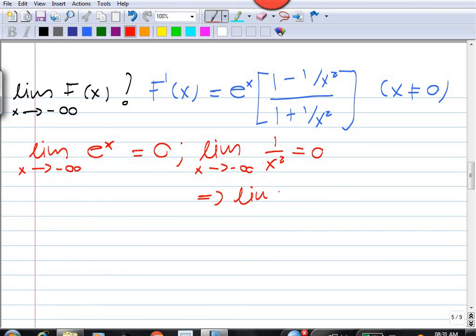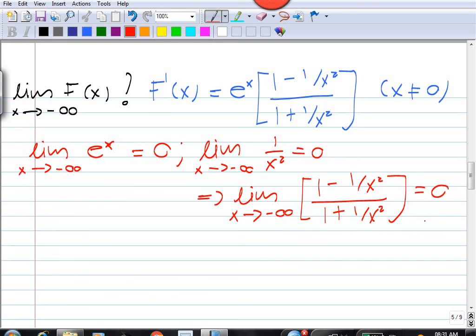which tells us that as x goes to minus infinity, 1 minus 1 over x squared over 1 plus 1 over x squared goes to 0. And from this, we can conclude that the limit as x goes to minus infinity of the derivative of f is 0. Now, what does this tell us?